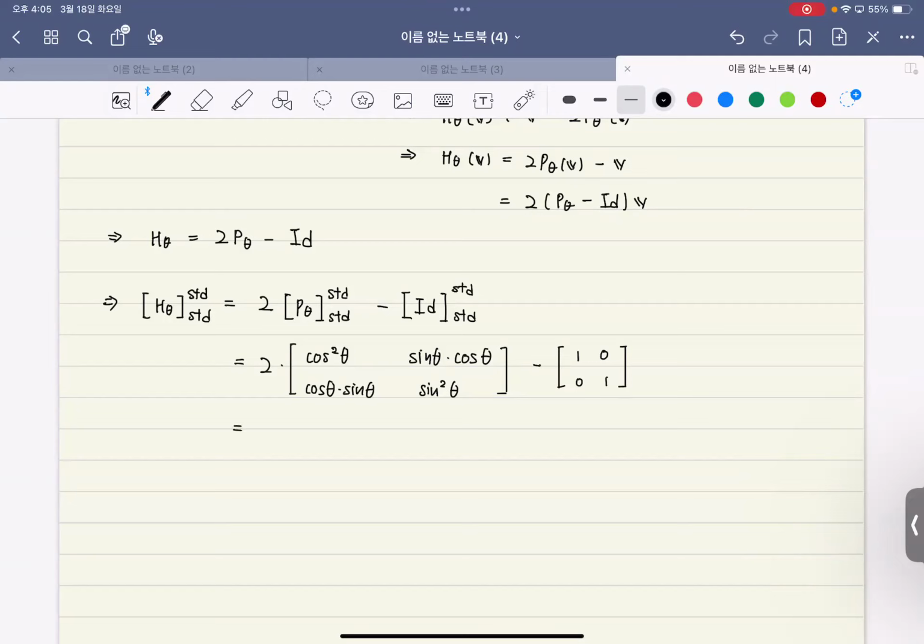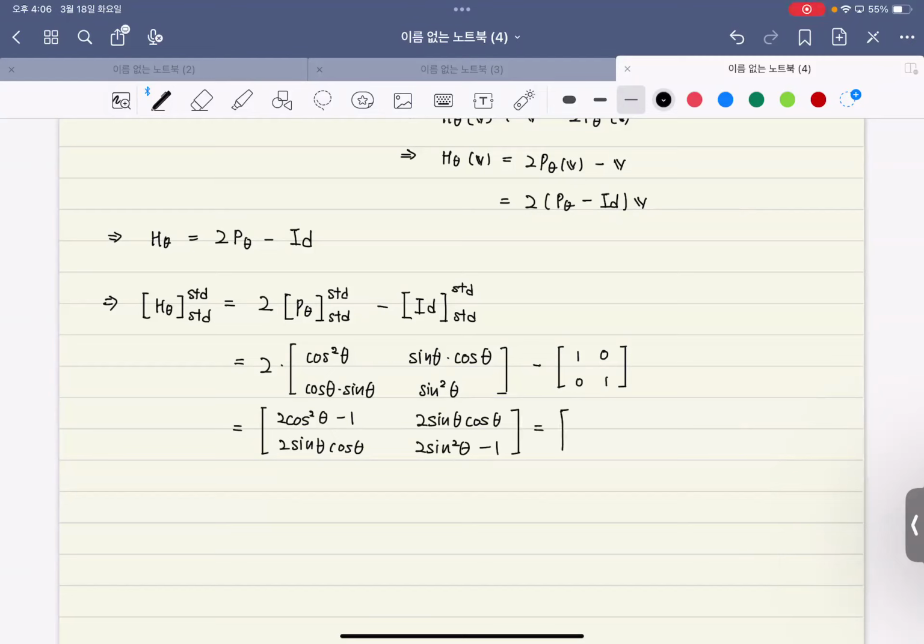And this is 2 cosine squared theta minus 1 and 2 times sine cosine and 2 times sine cosine and 2 times sine squared theta minus 1.